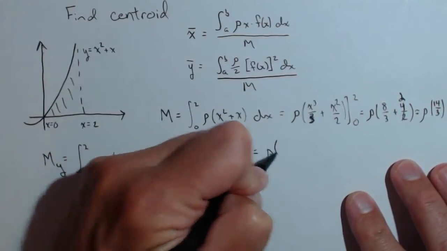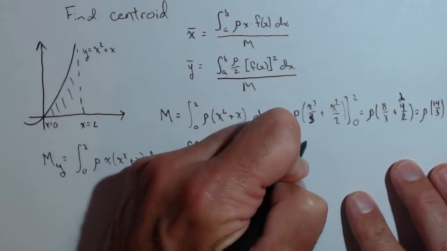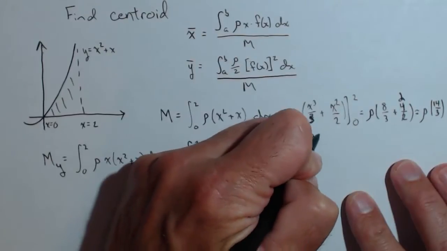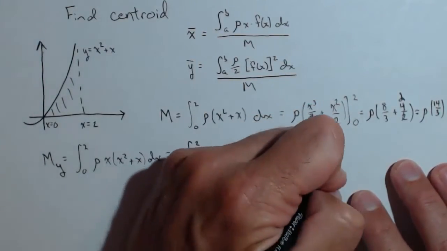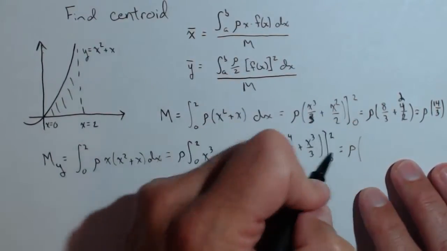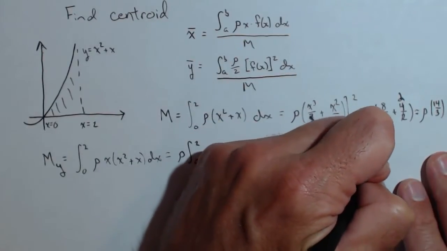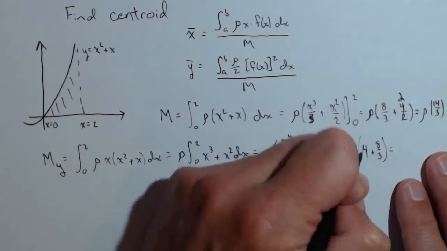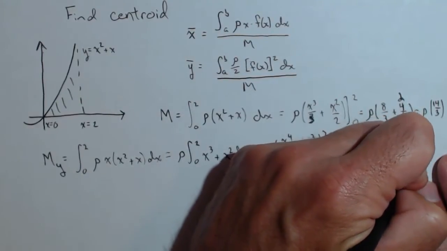That'll be rho times x to the 4th over 4 plus x cubed over 3 from 0 to 2. Plugging that in, 0 just gives us 0. It's rho times 16/4, which is 4, plus 8/3. So this is 12/3, and this is rho times 20/3.